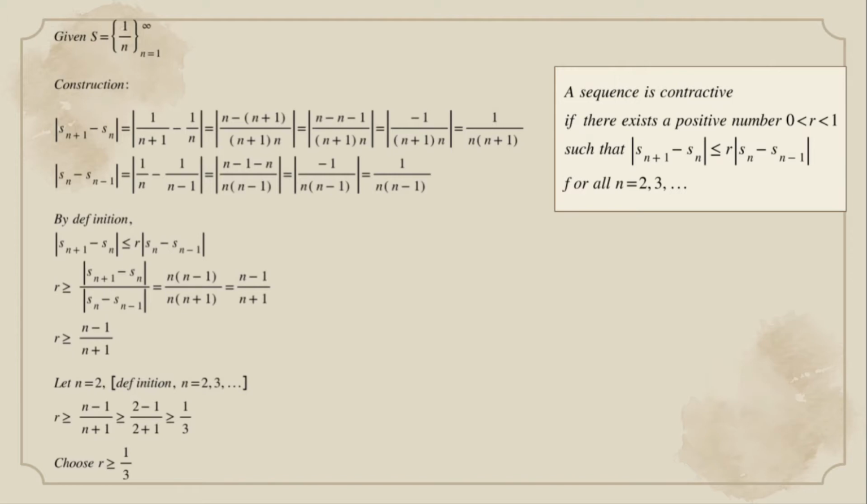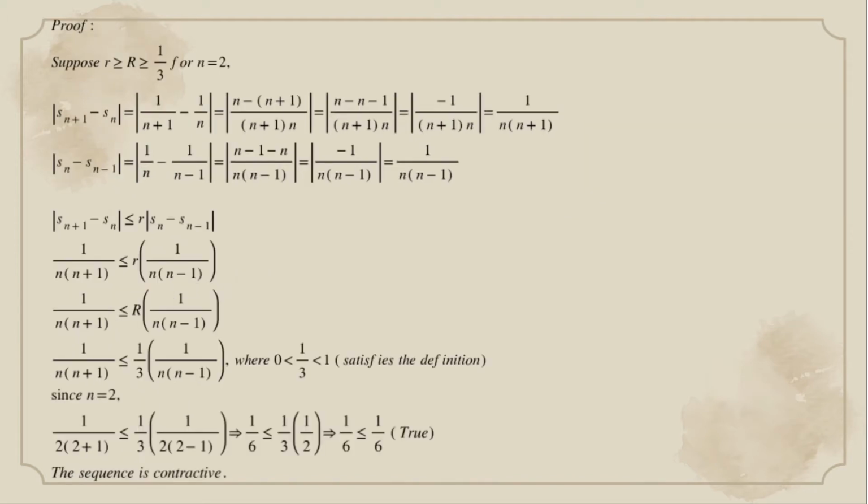Moving on to the proof, we suppose that r is larger or equal to capital R, which is larger than or equal to 1 over 3 for n equals 2.